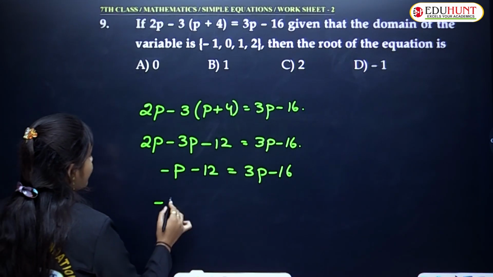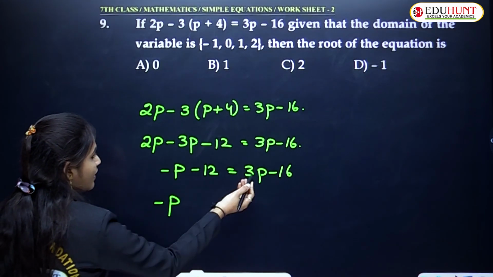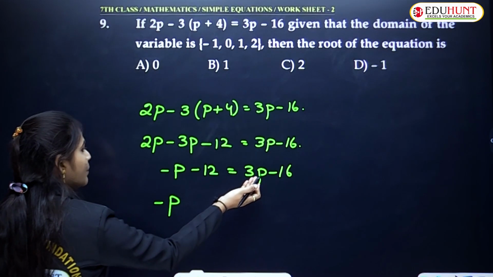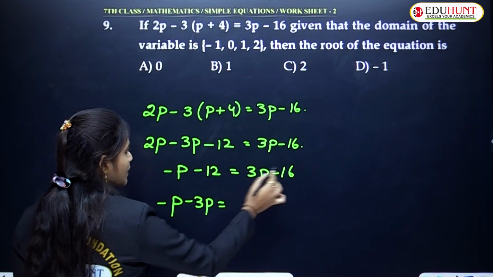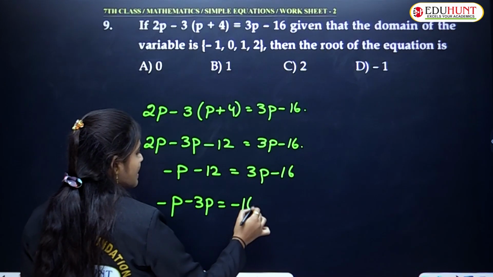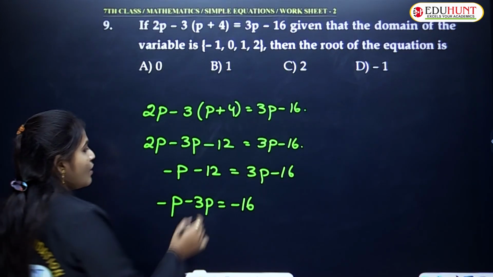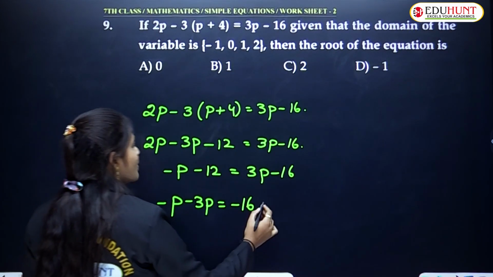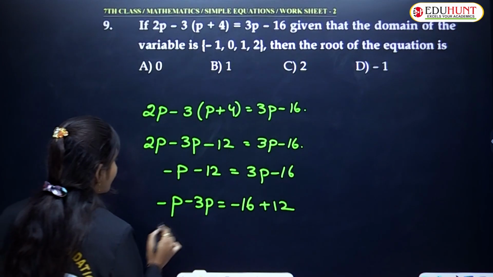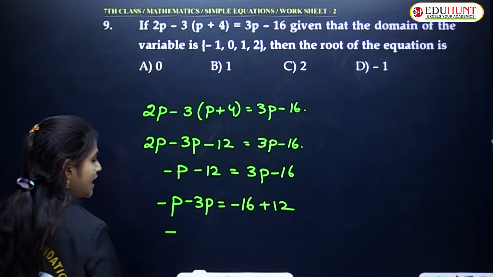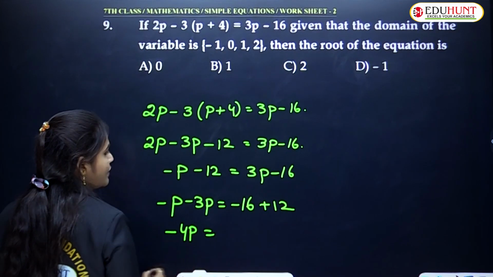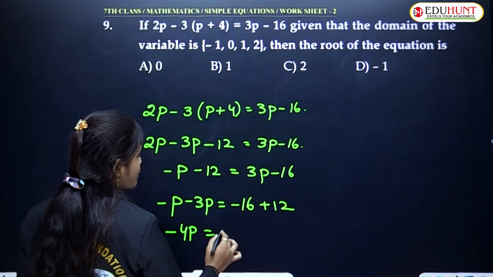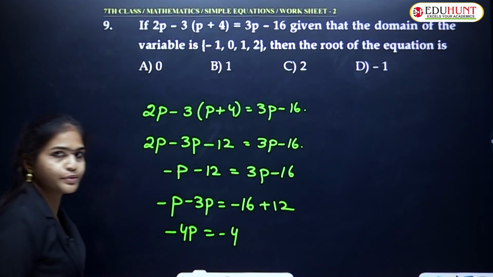Okay, from the LHS we have minus p, from the RHS we have plus 3p, which becomes minus 3p, which equals, here already minus 16 is there in the RHS, minus 16 minus 12 becomes plus 12. So minus minus, again we will get minus 3p plus p as minus 4p, which equals minus 16 plus 12, which equals minus 4.